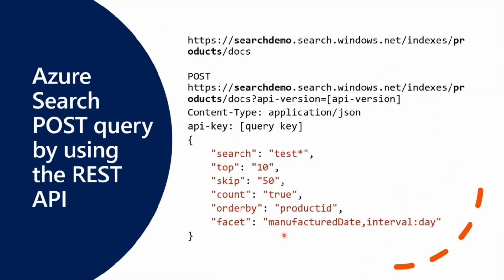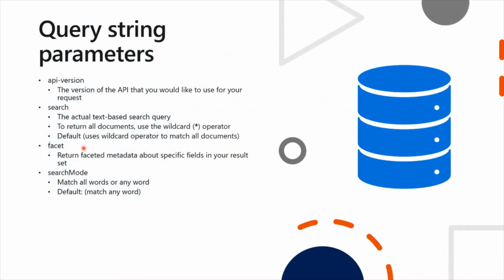Here you see many query string parameters: count, order, facet, and these things are really specific. So API version is the version of the API you would like to use for your request. And then search is the actual text-based search query to return all the documents. You can use the wildcard star operator.